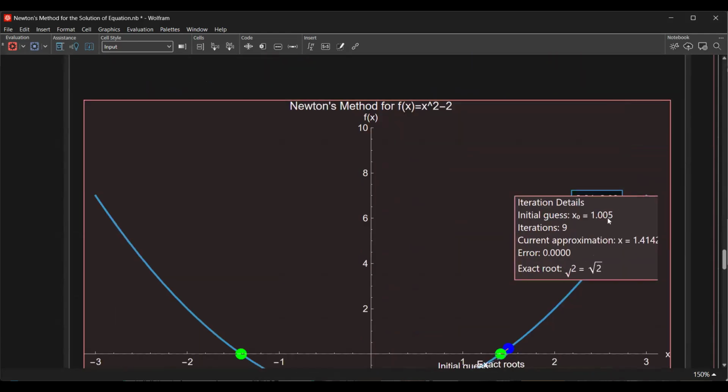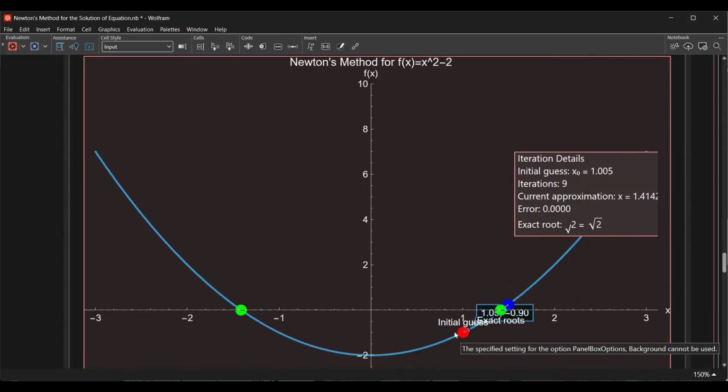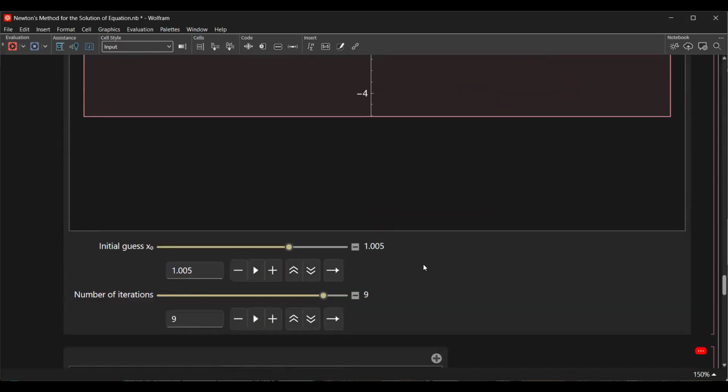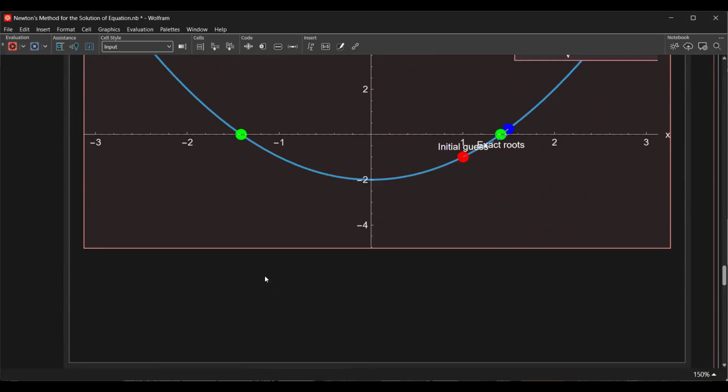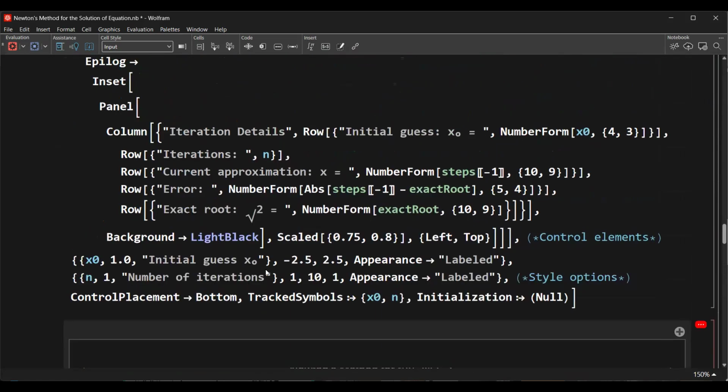This one, initial guess 1.005. And iteration is equal to 9 here. And we have the number form here. The total number of digits is equal to 4. The number of decimal places is equal to 3.